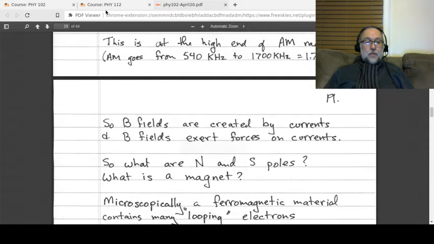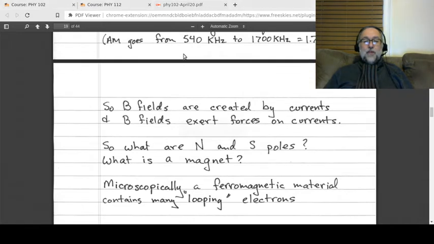All right, so there's one tiny mystery before we move on to the next subject in magnetism, and that is we know that B fields are created by currents, and we know that B fields exert forces on currents. But what is this north and south then?